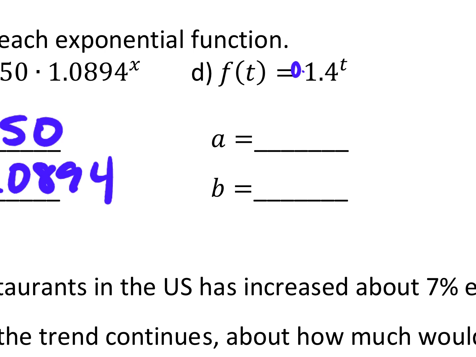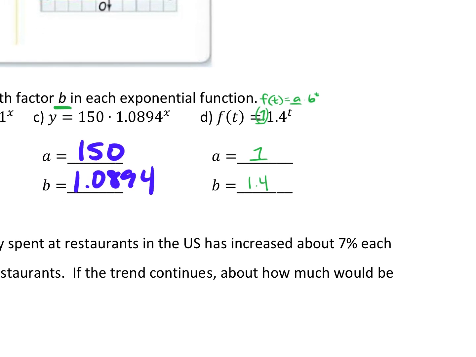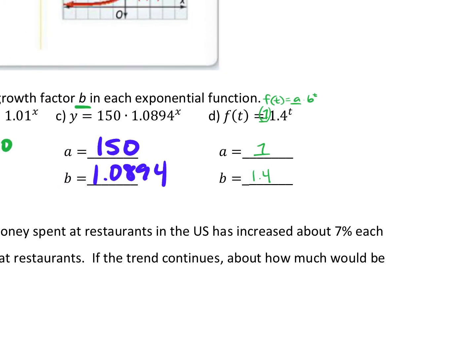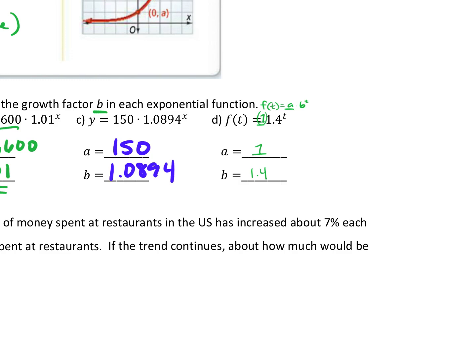So instead of a 0 being there, it should be a 1 right there. So while there isn't a 1 written there, it's as if there is a 1 there because the formula would be f of t equals a times b to the t power. Well, a then has to be 1. And b is whatever is taken to the power, which in this case is 1.4. Does that make sense? Yeah. Okay, so if you only see one number there, it's the a that's missing, and that a should be 1.